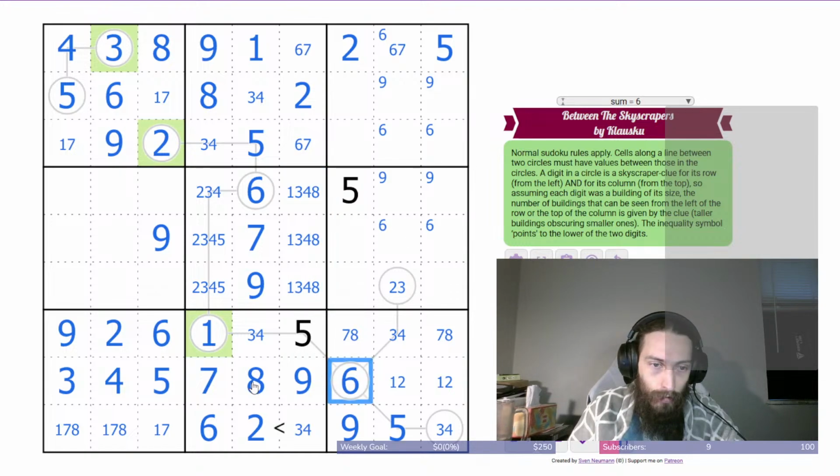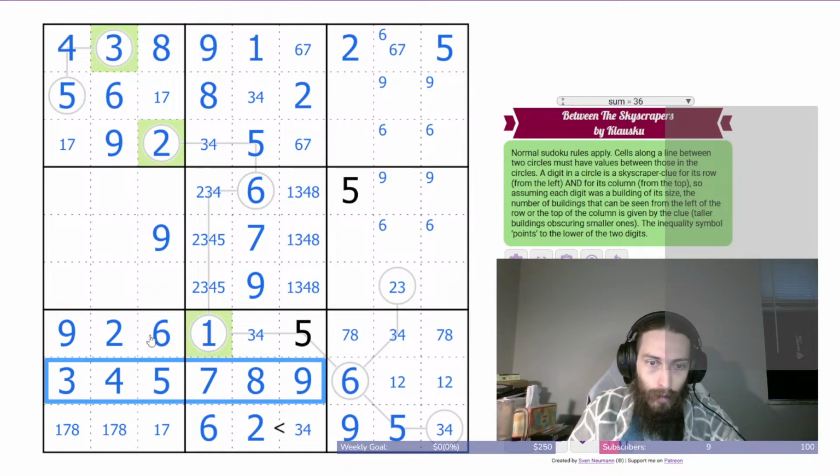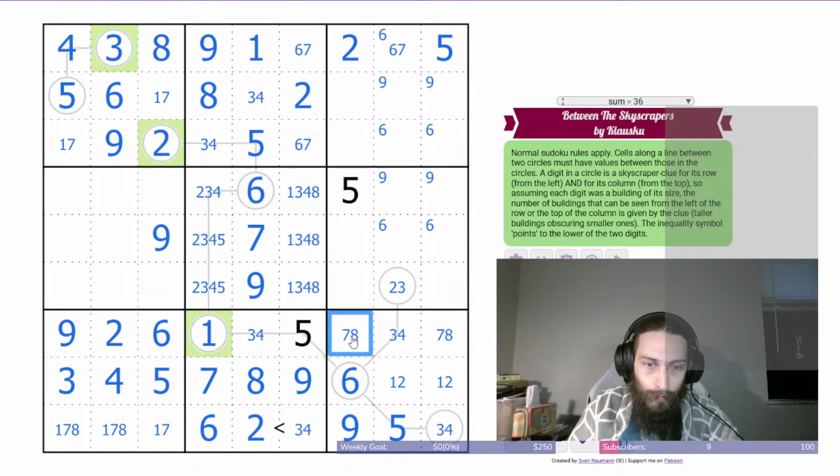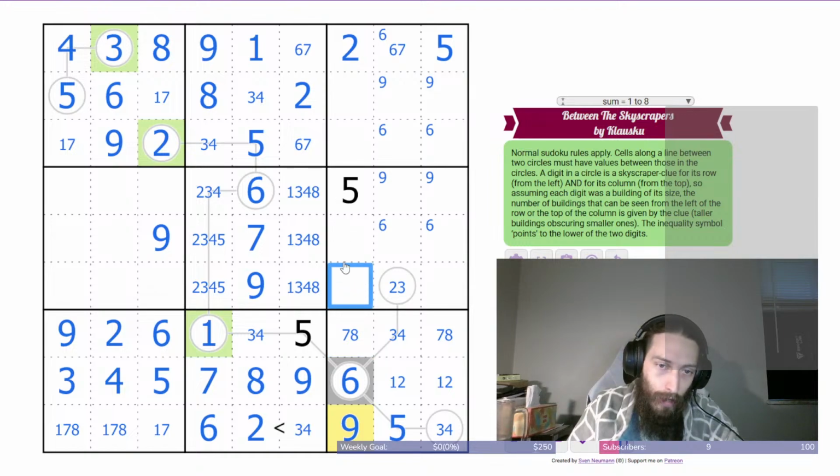Okay. This 6 is done from the left. From the top, we know that this digit is seen. This 6 cannot be seen. Theoretically, you could have an 8 above it. Right. So we know the 2 is seen.